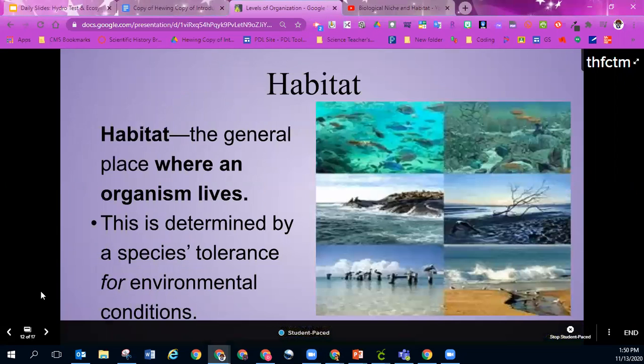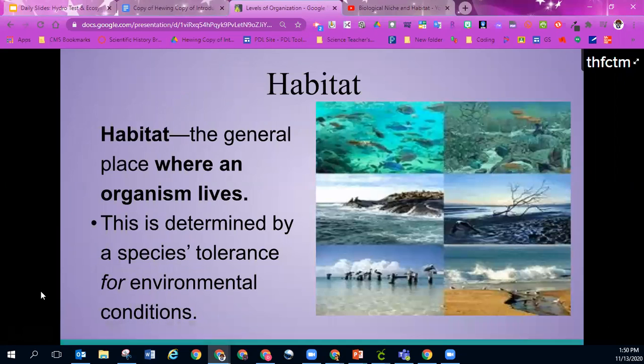All right, so habitats. This is pretty much the general place where our organisms are going to live. It is definitely determined by the species' tolerance for environmental conditions. So what that means is you cannot have certain animals live in habitats where they are not tolerant to live. We talked about the difference between freshwater and saltwater, and there are specific organisms that live in both of those places.